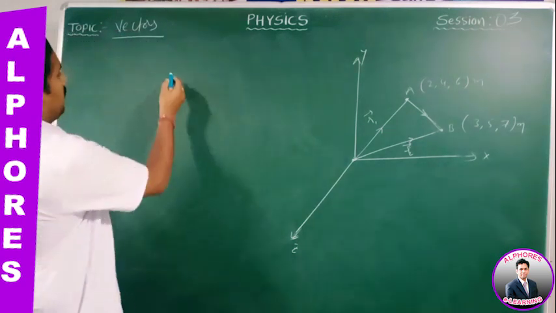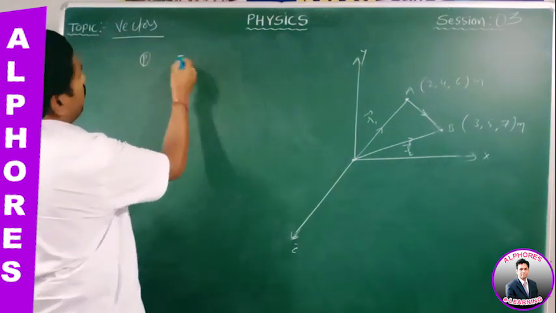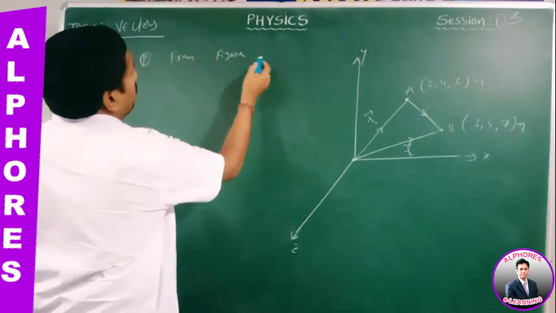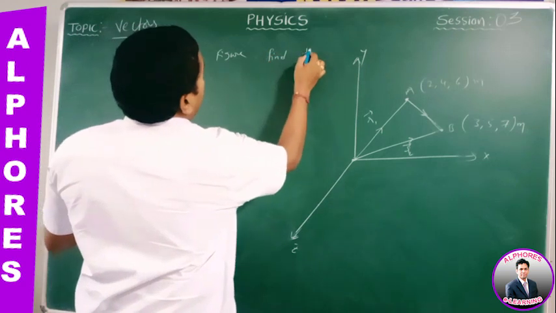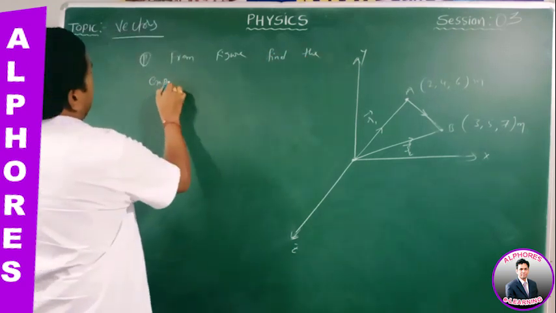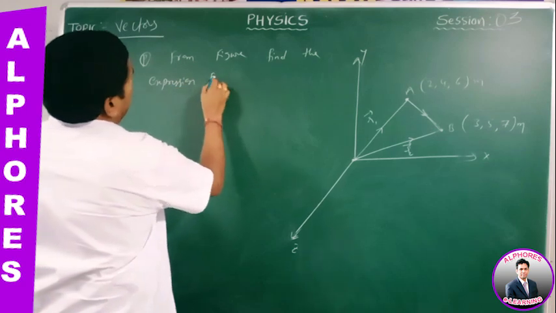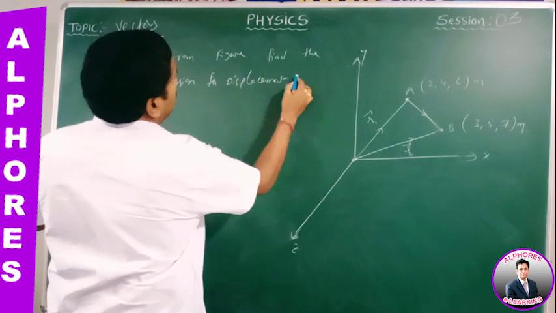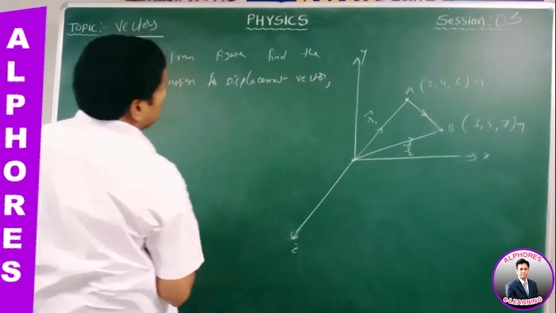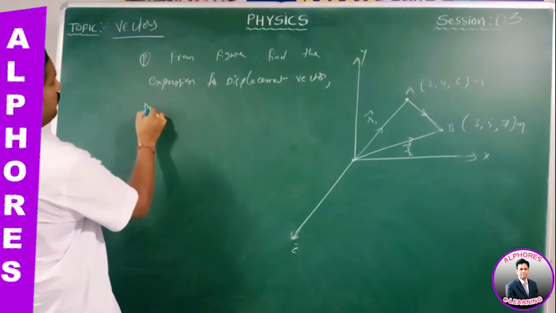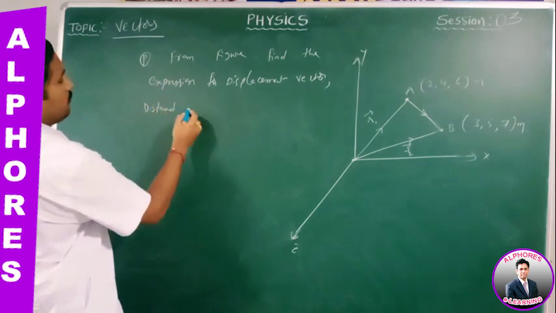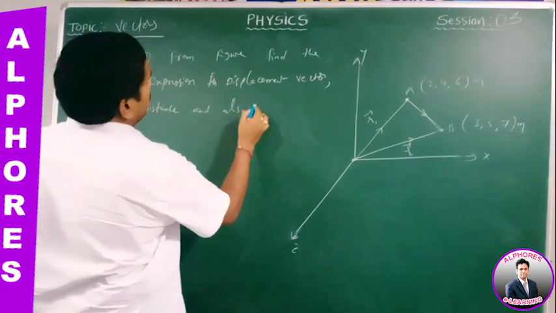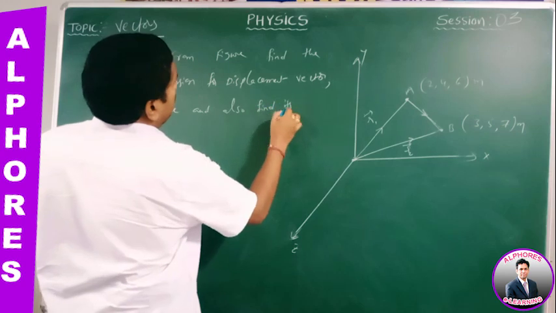Now as per the condition from the figure, find the expression for displacement vector, distance, and also find its unit vector.